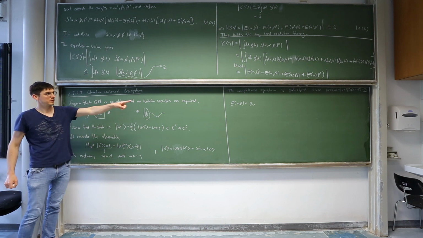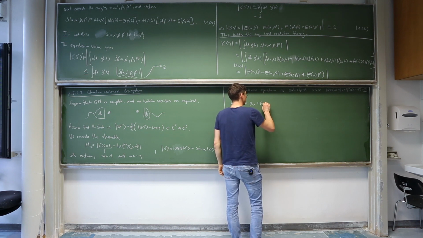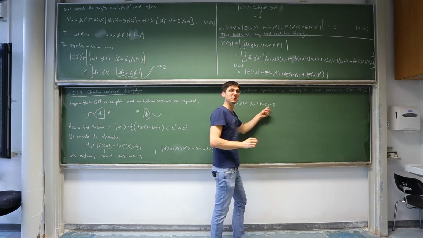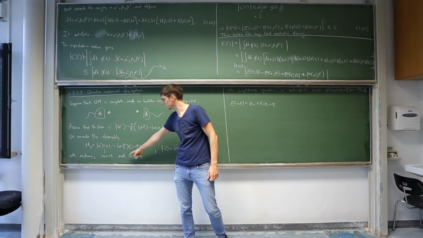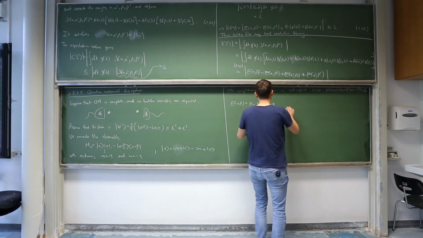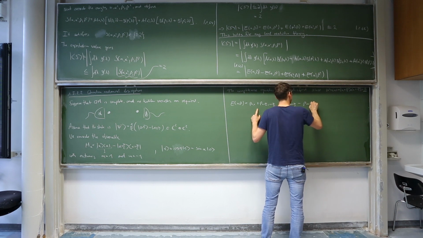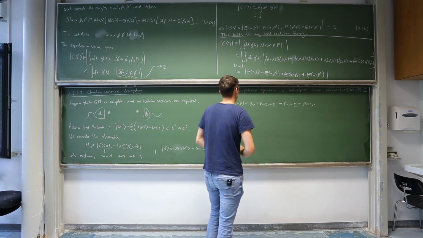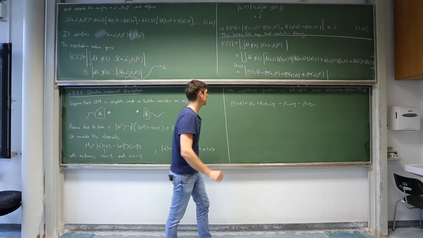This is the probability plus plus, so to say, so it's p alpha alpha plus p of alpha plus pi half and alpha plus pi half, which would be p minus minus, right? Because the projector alpha plus pi half corresponds to the outcome minus 1. And then minus p of alpha and alpha plus pi half minus p of alpha plus pi half and alpha. Okay. This is now simply the expression of these correlators.